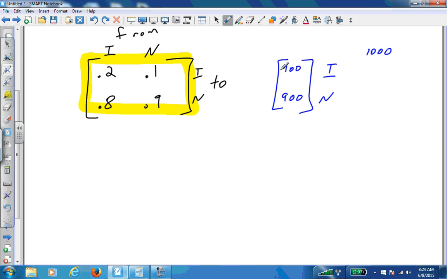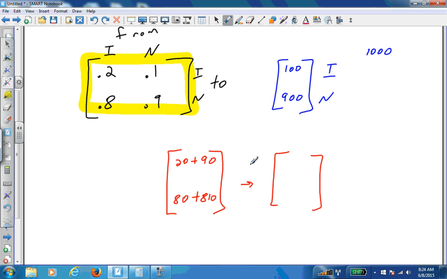If we multiply these two together, this row times this column, 0.2 times 100, that's 20. 0.1 times 900, that's 90. 0.8 times 100, that's 80. 0.9 times 900, 810. So that's 110, 890. Notice these still add up to 1,000.